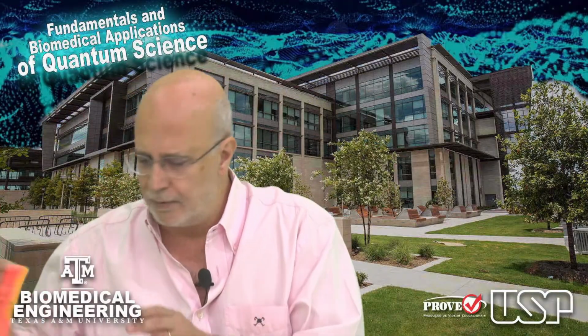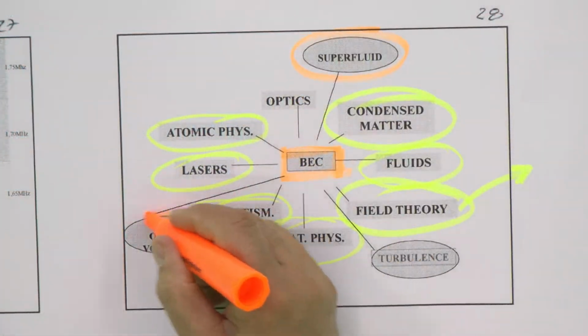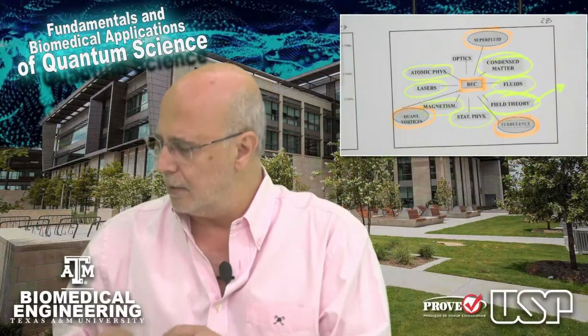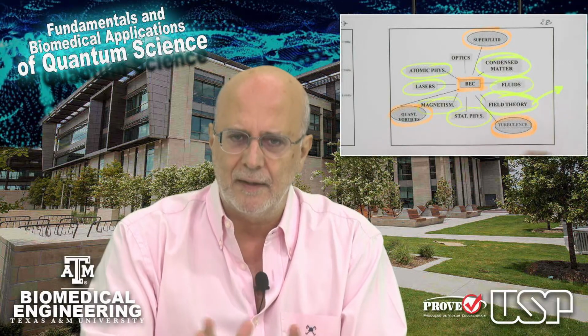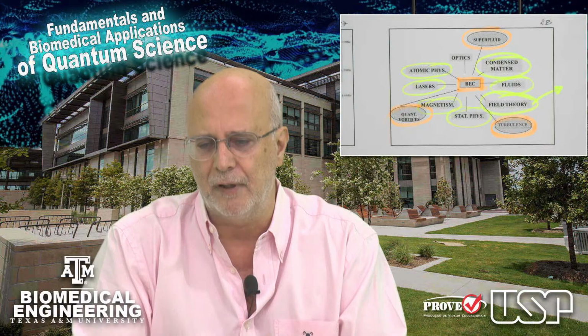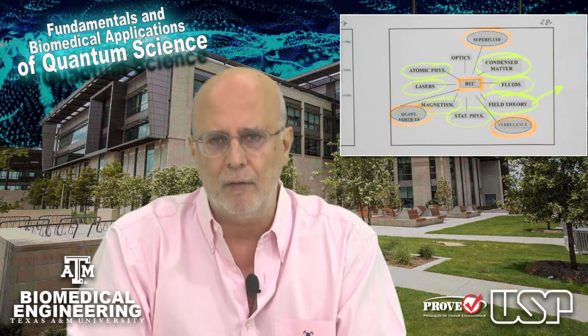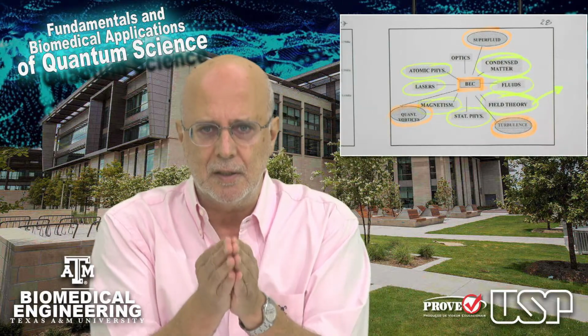Because it is a superfluid, I can understand how to make vortices in it, and then I can produce turbulence, which is a kind of thing I do for a living as well. So, this is a nice quantum system that helps us to evolve all the understanding of quantum mechanics in general, quantum mechanics of a system that is made of many, many atoms, many, many particles.